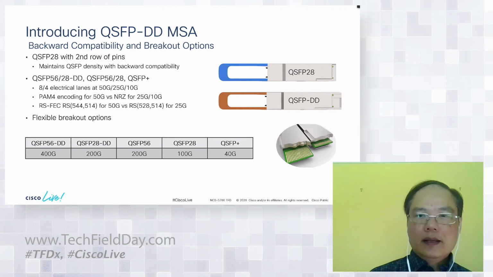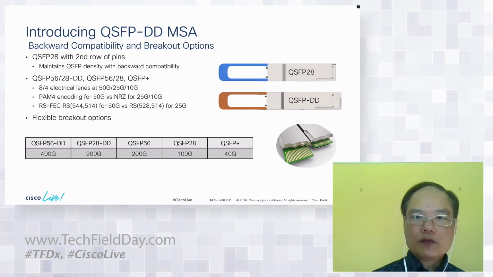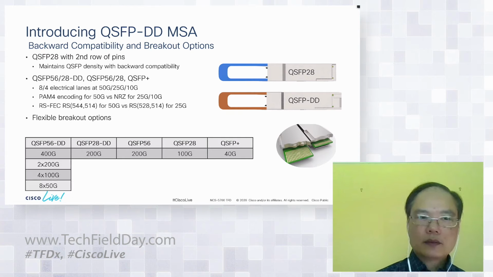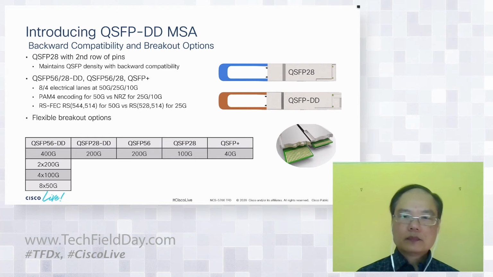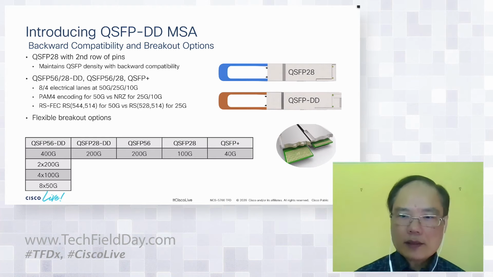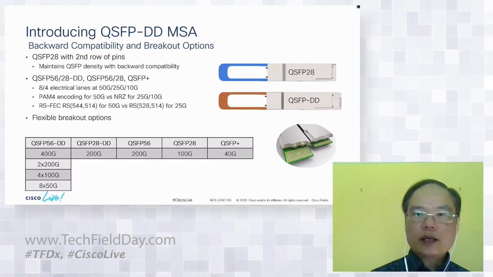Furthermore, different combinations of the number of SerDes plus the SerDes speed give us flexible breakout options for different types of optics. To illustrate, QSFP56-DD can be broken out to 2x200, 4x100, and 8x50.